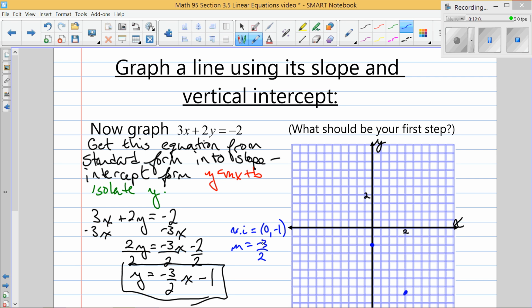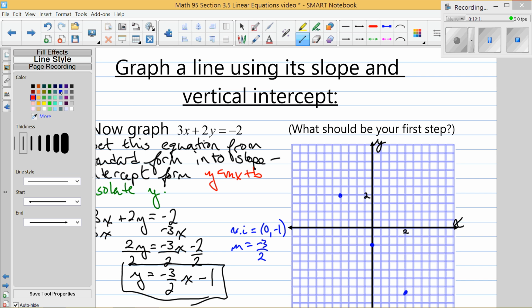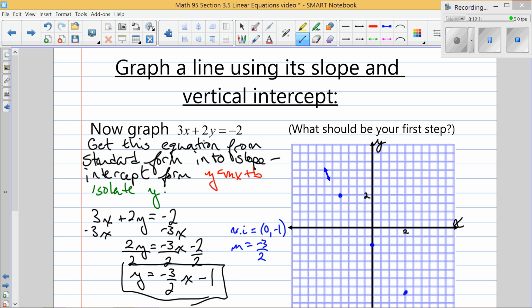Or I could go up 3 and to the left 2. 1, 2, 3, 1, 2. And from here I can graph that line. And that's about it.